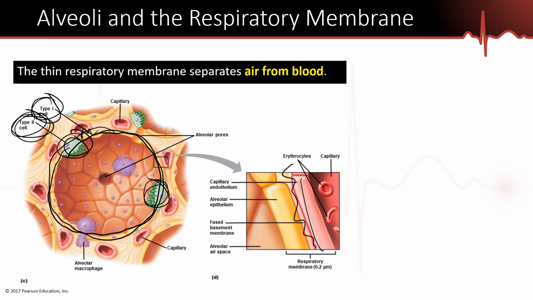And these type 2 alveolar cells are going to produce something that's called surfactant, which is going to become incredibly important when we start discussing pulmonary ventilation in more detail, the process of getting air in and out of the lungs. Because what this surfactant is going to do is allow these alveoli to overcome something called surface tension.